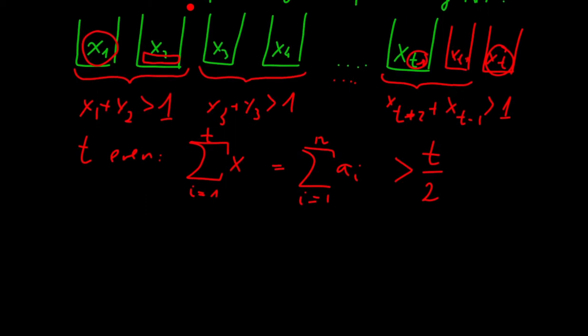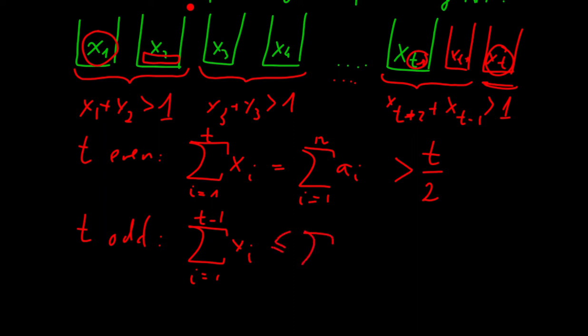For the case of t being odd, we just know that the sum of the first t minus 1 bins. Okay, so if odd, then one is left out, but if I just sum all the previous ones, then this is smaller than or equal to the size of all the objects.